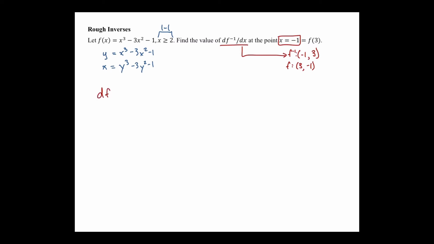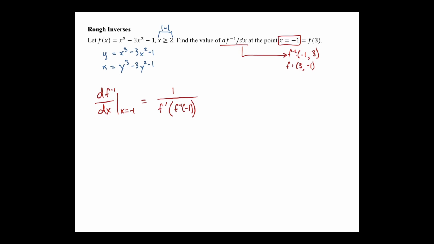The derivative of f inverse with respect to x at x equals -1. Well, I don't have the inverse, so what I'm going to go ahead and do is apply that formula or equation from the previous slide or two slides ago. So that is to say, I have to consider the reciprocal, and I have to consider the original function's derivative, evaluated at f inverse of -1.